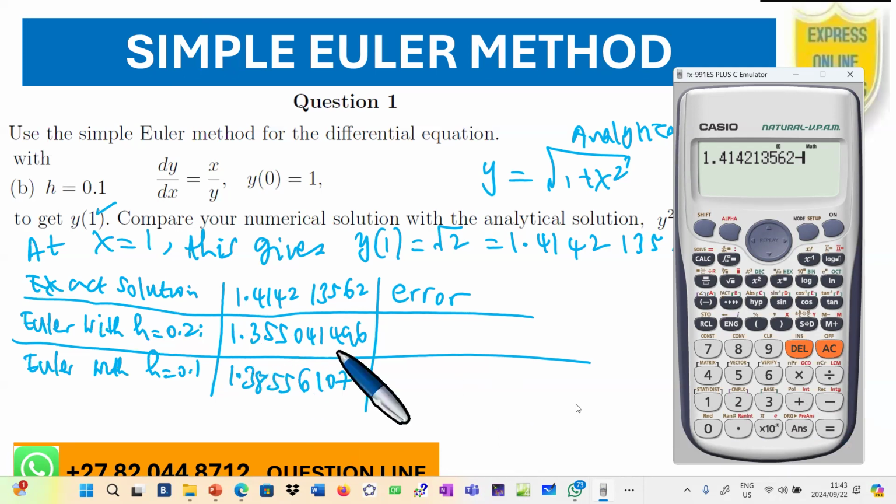Let us first subtract this one: 1.355 for the 0.2, 1.355041496, which gives 0.0591720066.